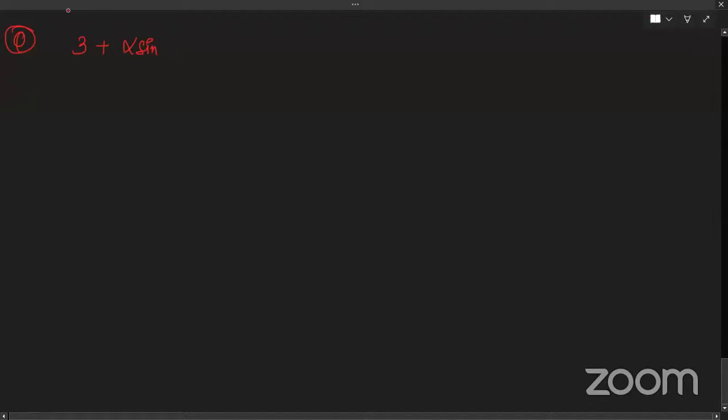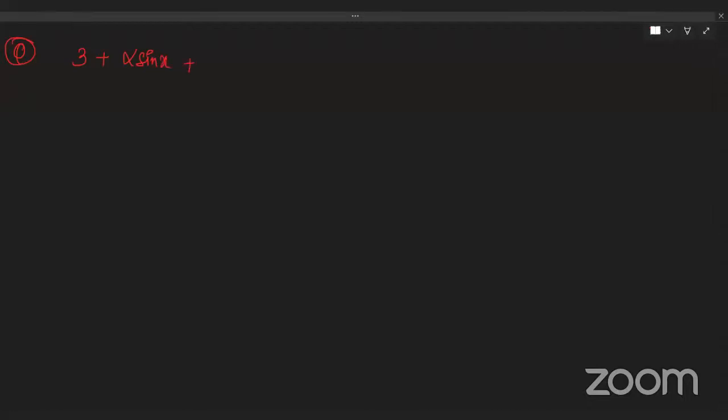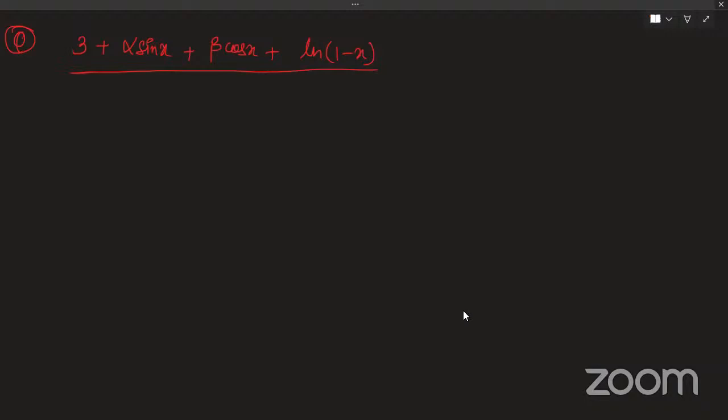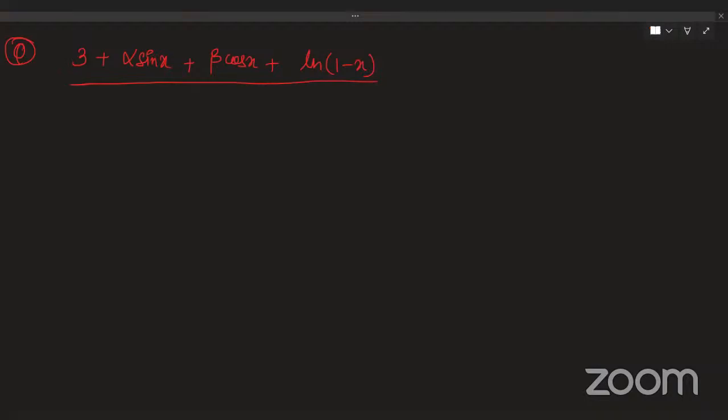Okay, great. Let us just start with a really tough looking one. So you've got 3 plus alpha sin x plus beta cos x plus ln of 1 minus x, whole divided by, just a minute.